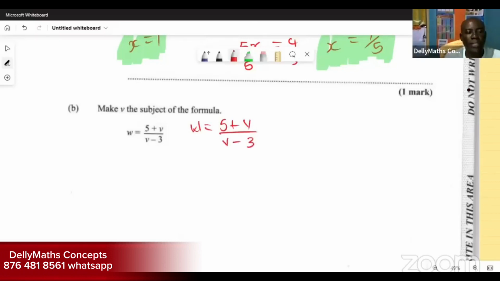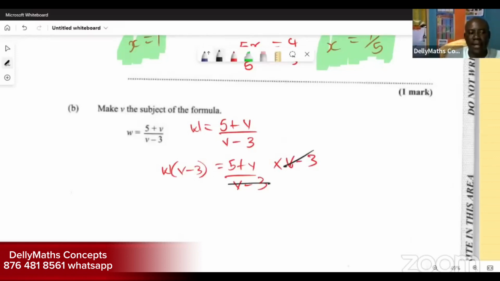We want to multiply both sides by the V minus 3. So I'm going to have W times V minus 3, which is equal to 5 plus V over V minus 3, and I'm multiplying that by that. I did it because the V minus 3 could cancel itself on the right side.